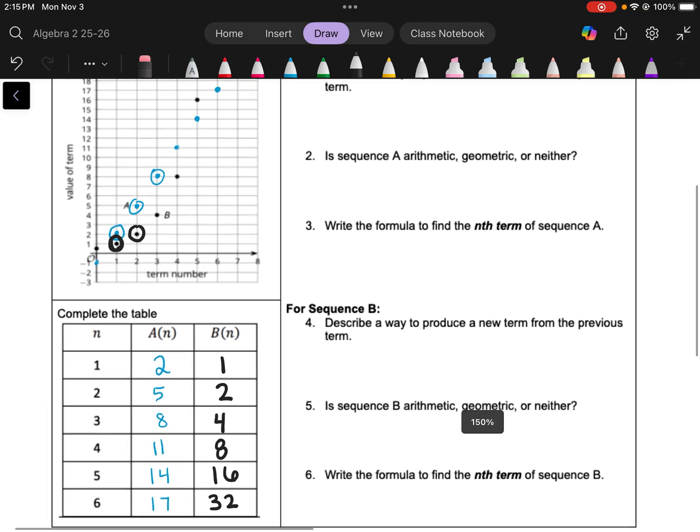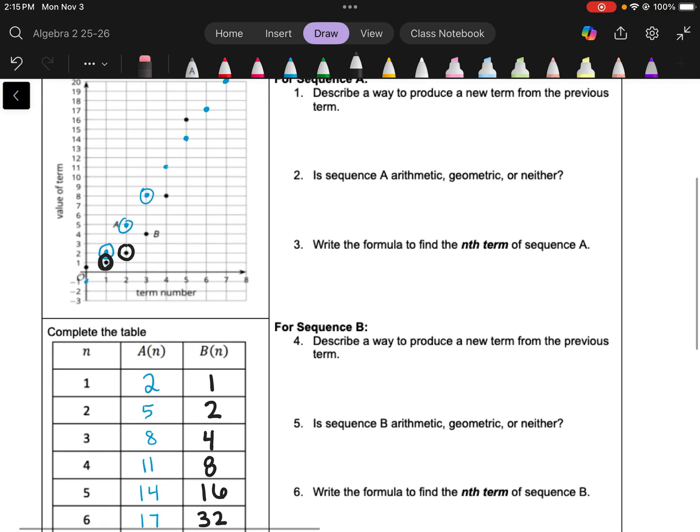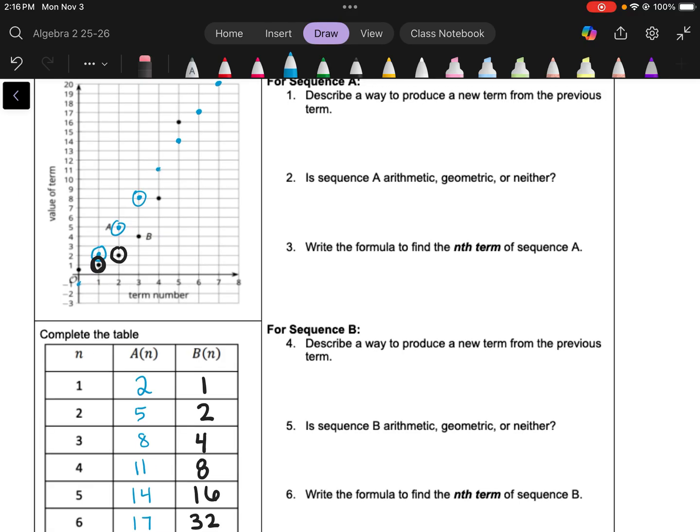So then we're going to answer these questions to the right. Describe a way to produce a new term from the previous term. So for sequence A, what's happening from term to term? What are we doing from 2 to get to 5? From 5 to get to 8? From 8 to get to 11? Hopefully you see that we're adding 3 to each previous term.